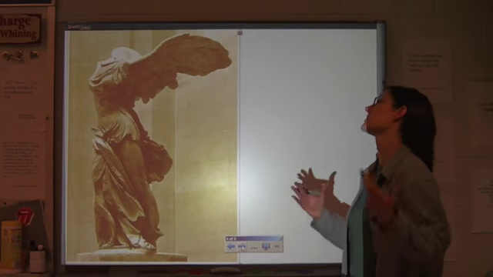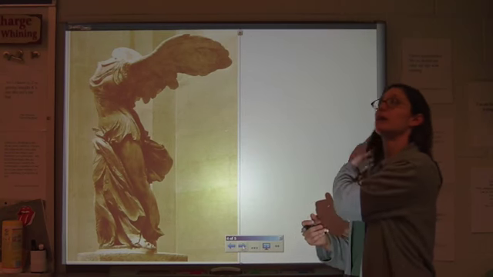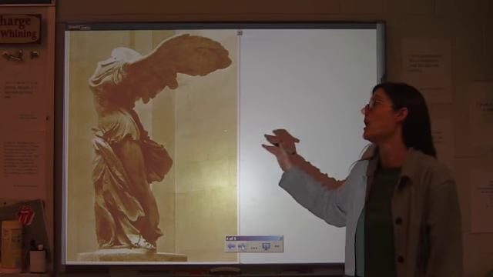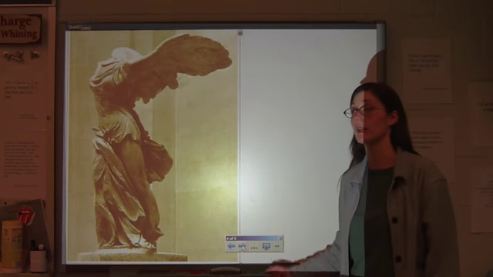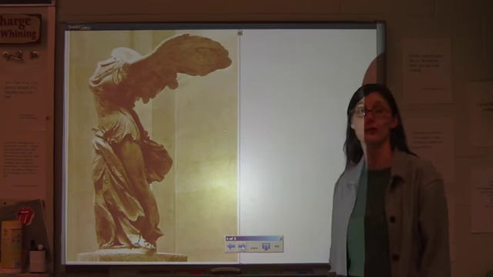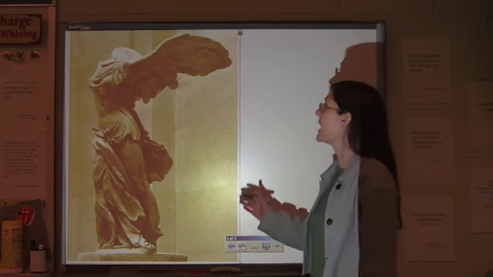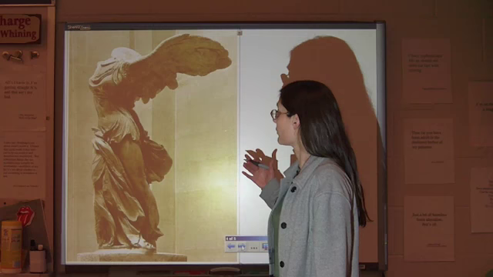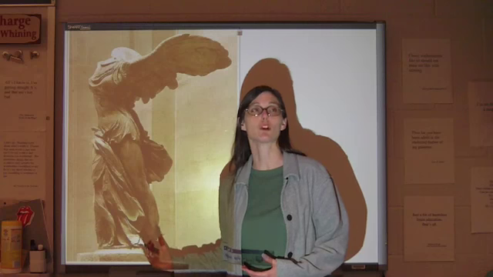Now, this is Winged Victory, or it's also called the Nike of Samothrace. This is actually in Paris at the Louvre. Very famous. Probably used to have a head on it that somebody cut off and sold as a separate piece of sculpture because people did that. All right, now how is this different from the Athena, for example? For one thing, you can tell that this is a body moving forward.